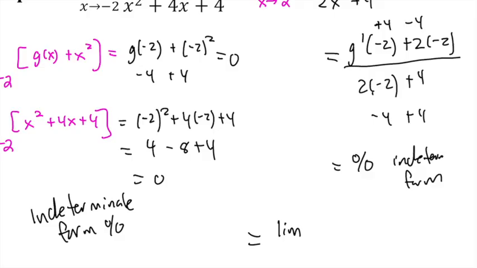So the derivative of the top, and when I say the top, I mean of this function. So we're going to take the derivative of g prime of x and get g double prime of x. And then we're going to take the derivative of 2x, and it's going to be 2. On the bottom, the derivative of 2x, which is 2, and the derivative of 4, which is 0.